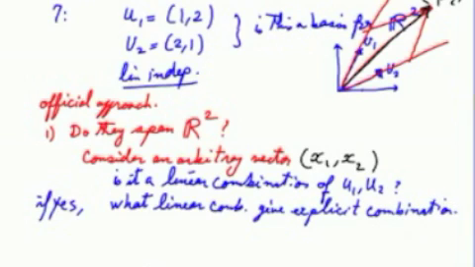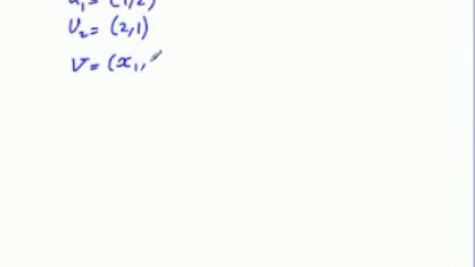What does that mean? Let me start a new page. So we're running out of space here. So let's remember, U1 was 1, 2, U2 was 2, 1, and we have some vector x1, x2.